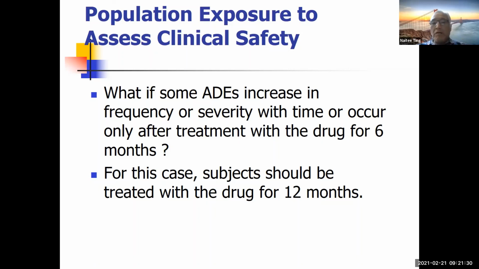And so all of these issues make the late developed AE a very difficult situation to handle. So we really don't want to have the AE frequency or severity increase over time, because you usually find this in phase 3, and that's too late.